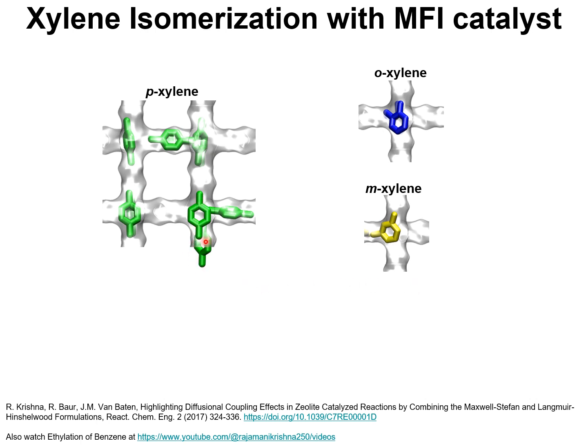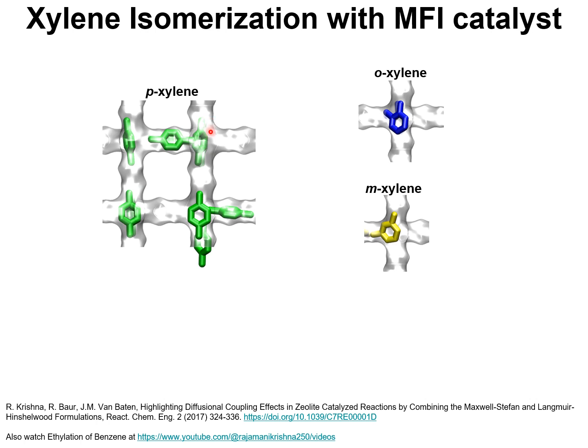Paraxylene, being a linear molecule, diffuses much more easily, by about a factor of 100 or 1,000 faster than orthoxylene and metaxylene, because of configurational considerations. And the diffusion of paraxylene is predominantly in the Y direction.